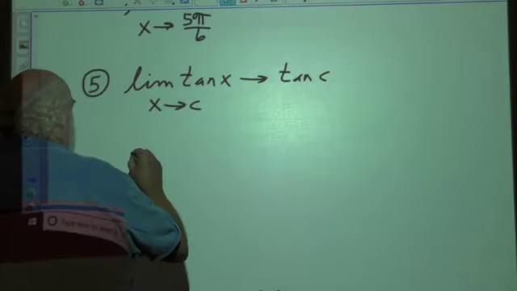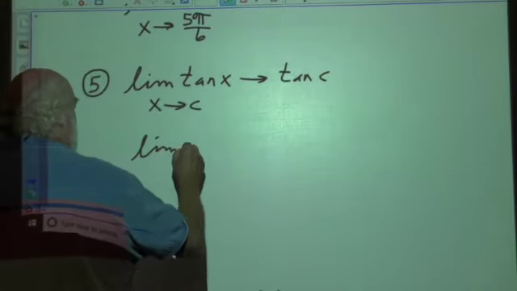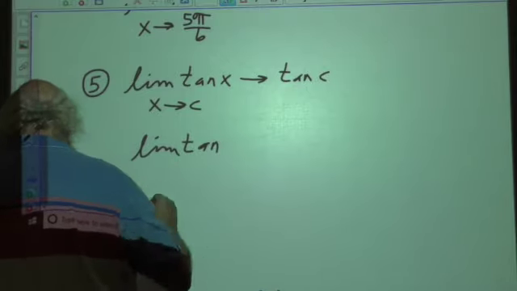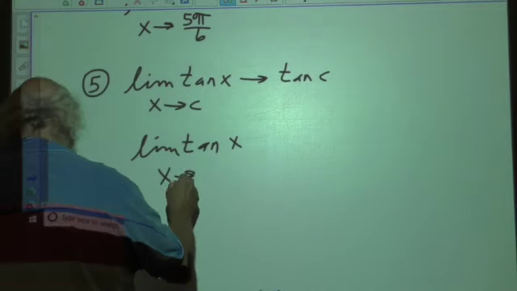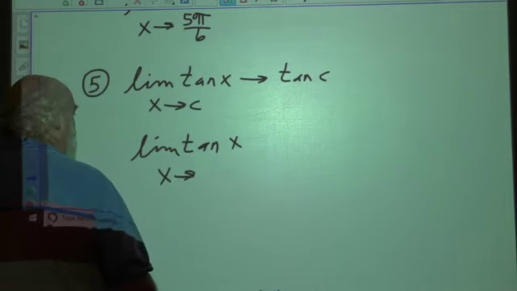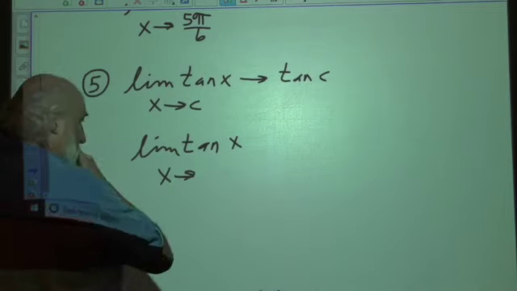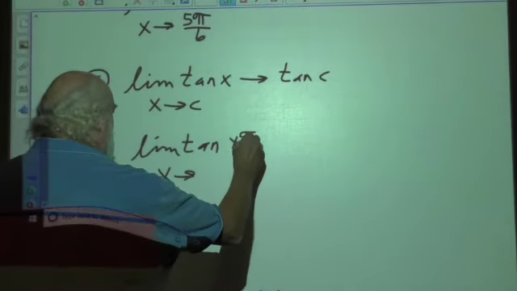So in this particular problem, we're going to take a look at the limit of the tangent of x as x approaches, I'm sorry, 3 pi over 4.